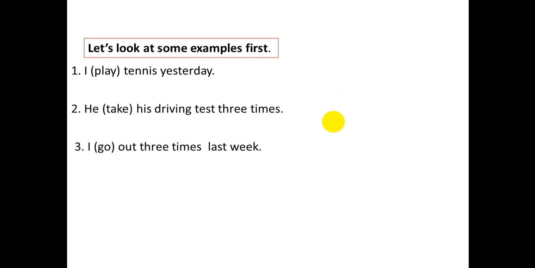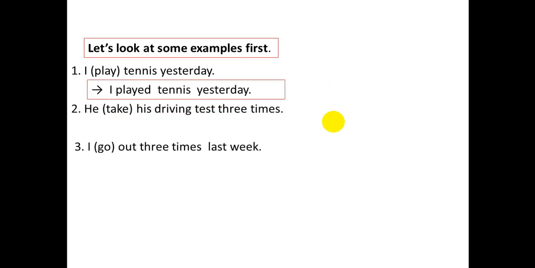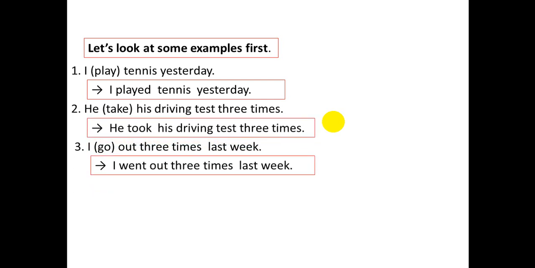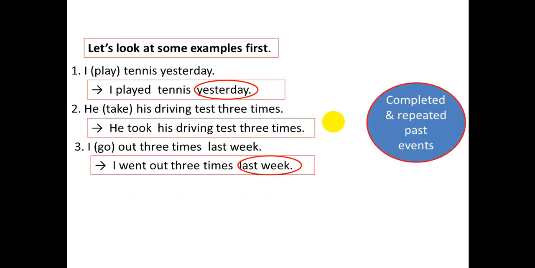And their restatements are: I played tennis yesterday. He took his driving test 3 times. I went out 3 times last week. If you look at the tenses, of course past simple, and this is because of the words yesterday and last week, because they convey the complete message about completed past events.